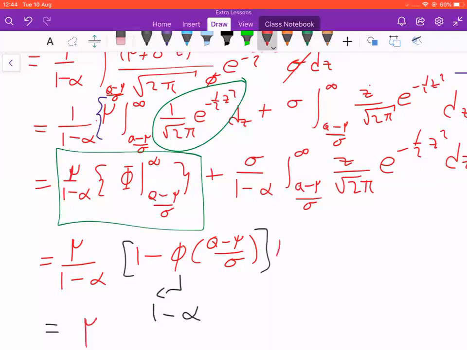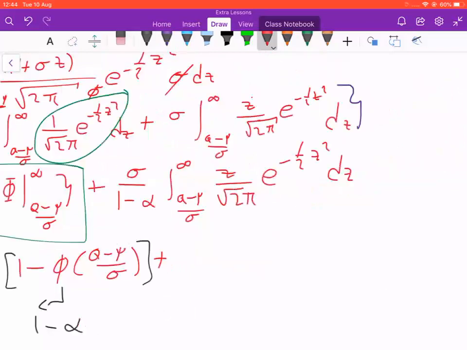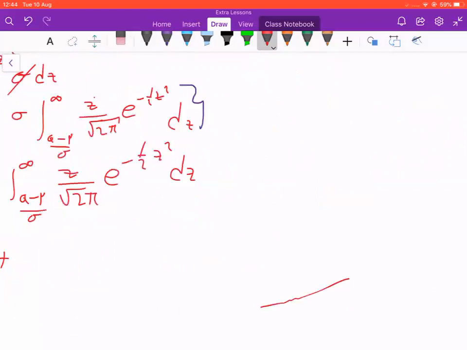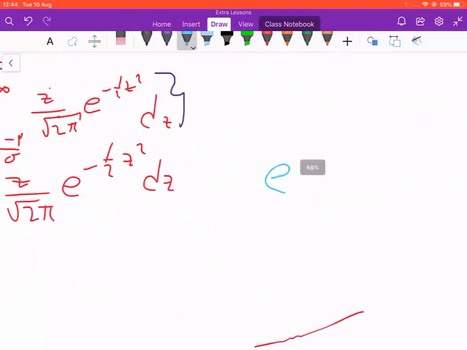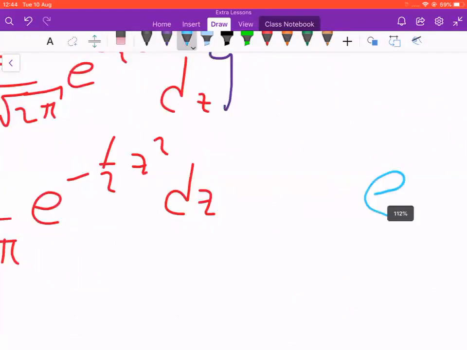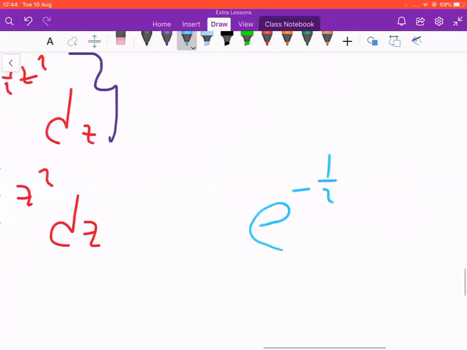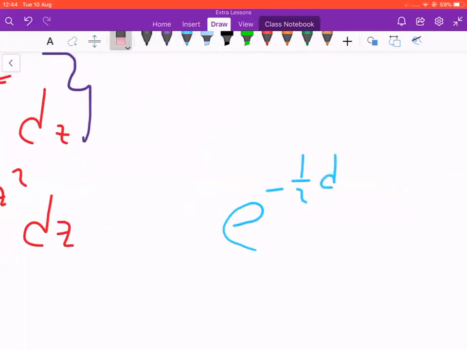So now we are going to focus on the other side, right? By the fundamental theorem of calculus, we know that if you have, let's say you have e, I'm going to write it over here. You have e to the power negative 1 over 2 z squared.